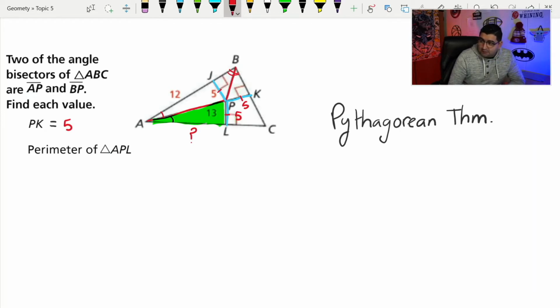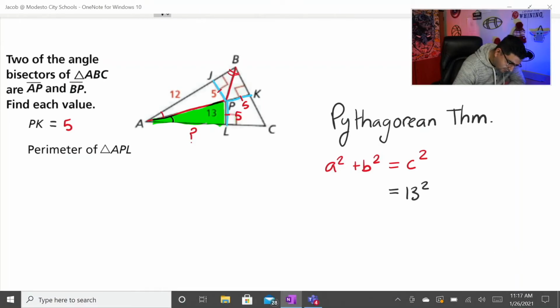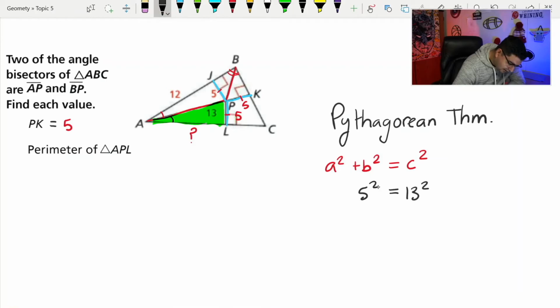I do not know what that side is. So I have the hypotenuse, I have one of the legs, so we can use the formula a squared plus b squared equals c squared, where a and b are legs and c is the hypotenuse. For this example, we're going to make c 13 because that is the longest side of this right triangle. We're going to make b 5, and we're going to say that we don't know what a is.